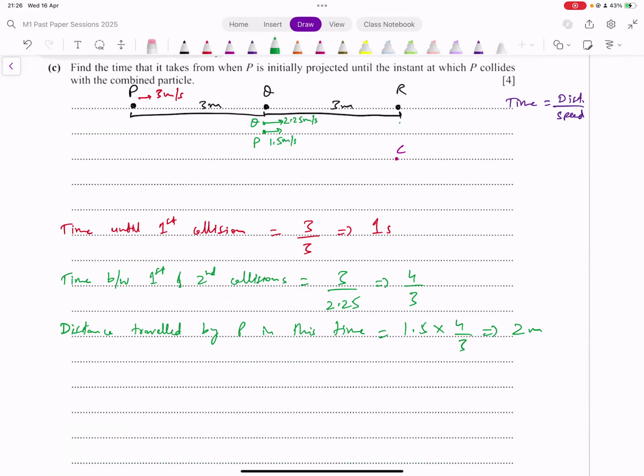So P would have reached this point here. Okay. And it is still traveling at 1.5 meters per second when it reaches this point. And the distance between P and C, therefore, since it has traveled 2 meters, the remaining distance that we've got is 1 meter. All right.